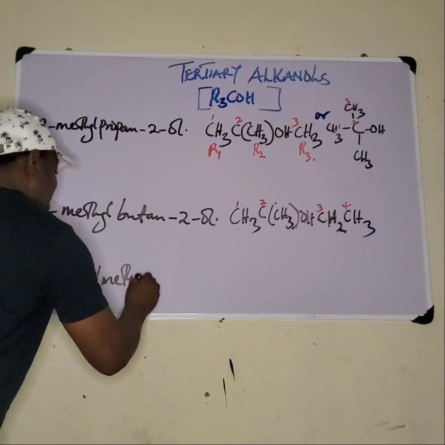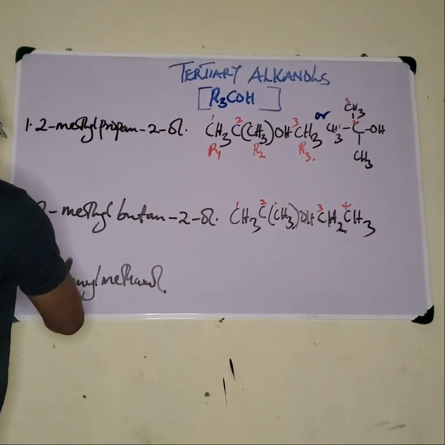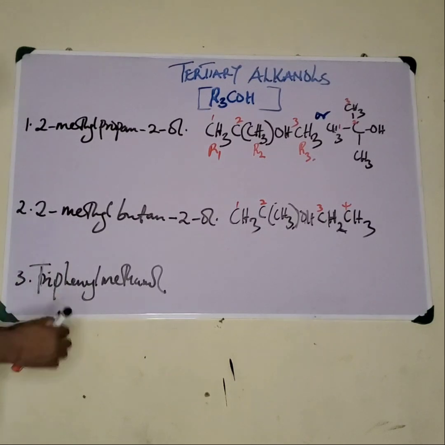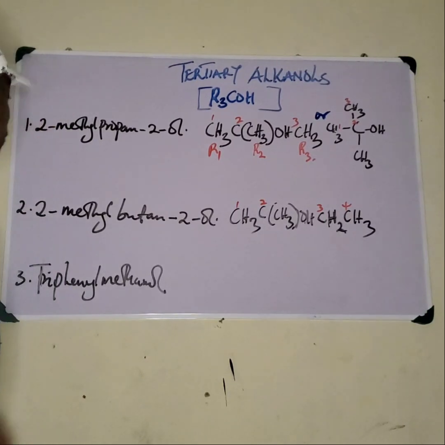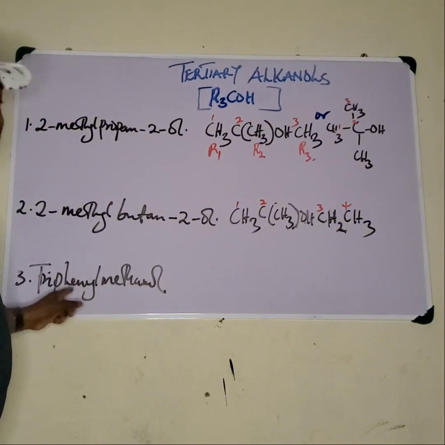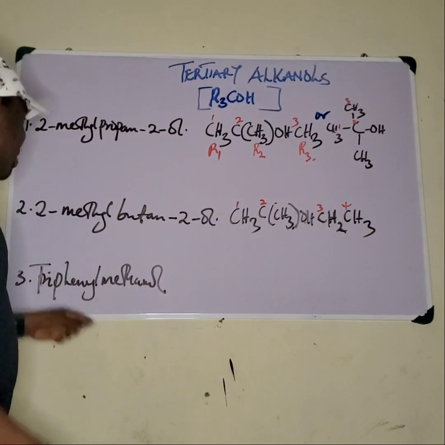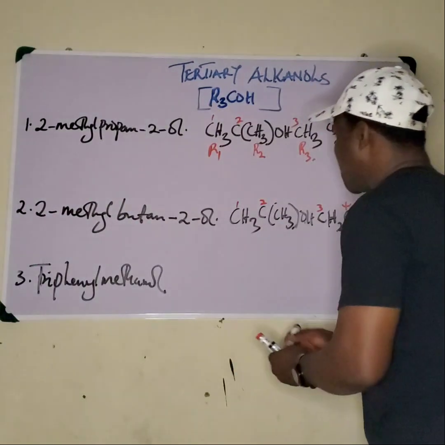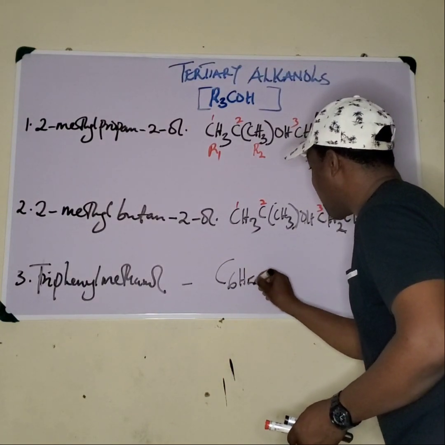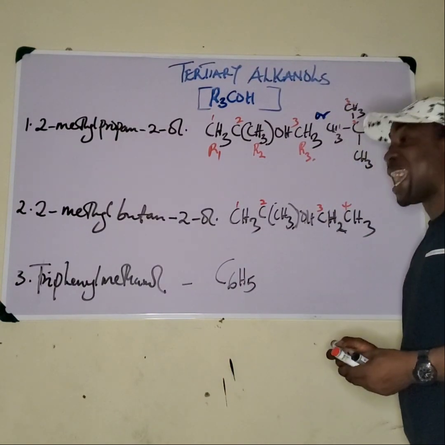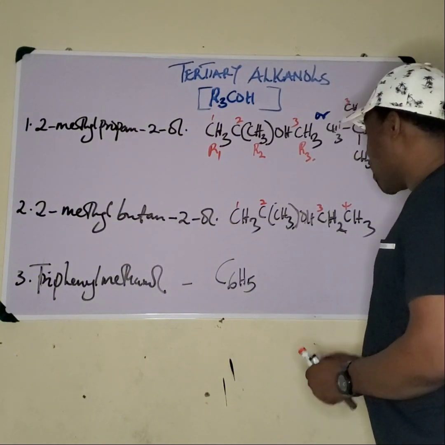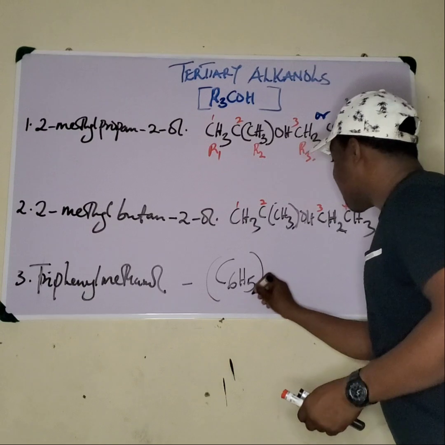Okay, the last but not the least in my list is triphenylmethanol. The reason I decided to bring it is for you to know that R does not only represent the alkyl group, R also represents the phenyl group, okay? C6H5 is the phenyl group, because if you remove one hydrogen atom from benzene, it gives you the phenyl group, okay? And this is C(C6H5)3OH.